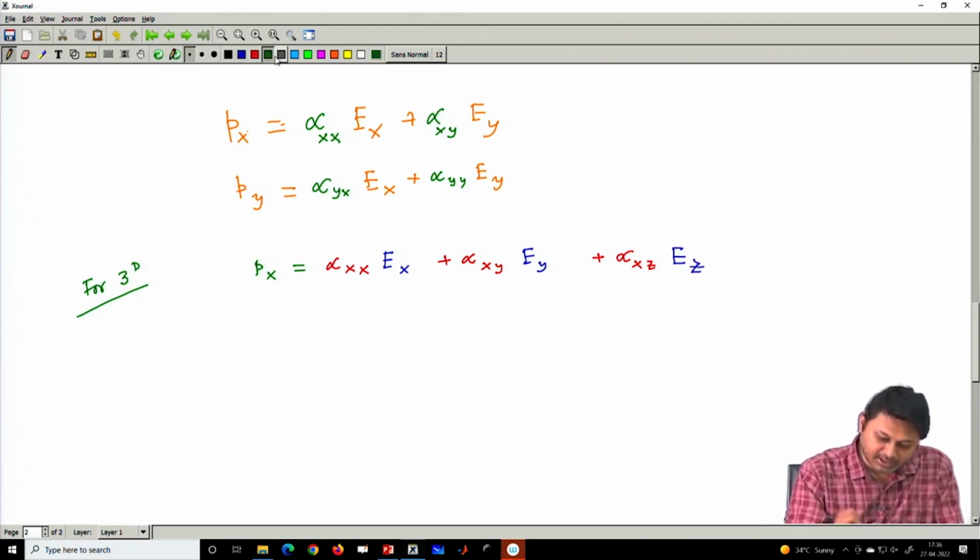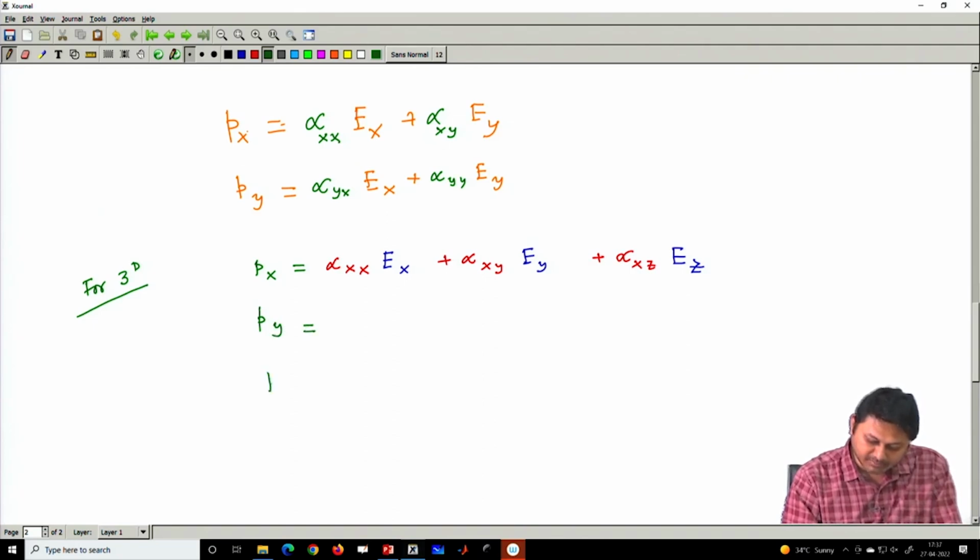In a similar way, I can write P y and P z.